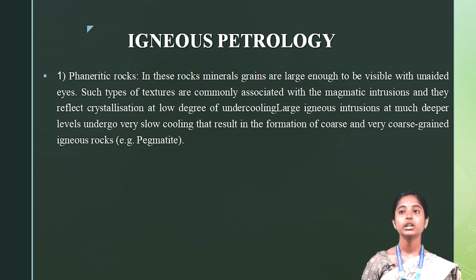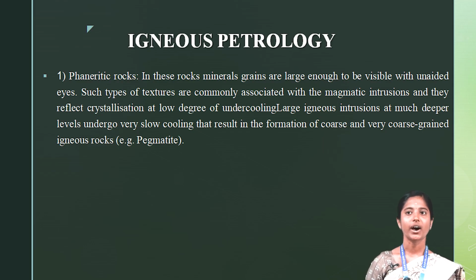Next, the rapid cooling of lava flow in contact with air or water results in fine-grained or glassy rocks. Their grain size is less than 1 millimeter. The cooling in superficial rocks such as the dikes and the sills is relatively slow, as it takes place at a shallower depth, which results in medium-grained rock, 1 to 5 millimeter.